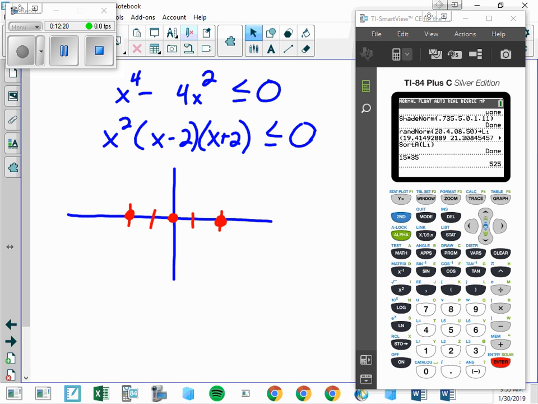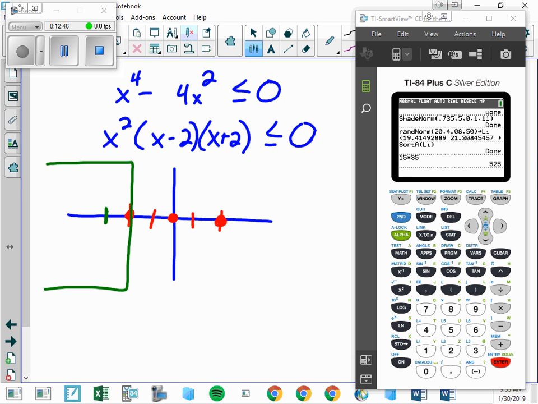And essentially what I need to do is figure out what happens over here. Anything left of -2 has to be entirely above the x-axis or entirely below the x-axis. It can't switch. The only places it can switch from one side to the other is at a hole, a vertical asymptote, or a root. So I need to plug in some number to the left and figure out what the sign is.